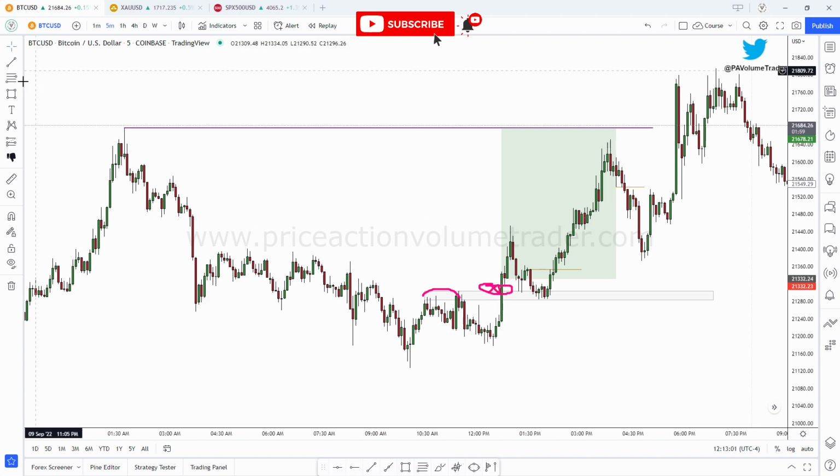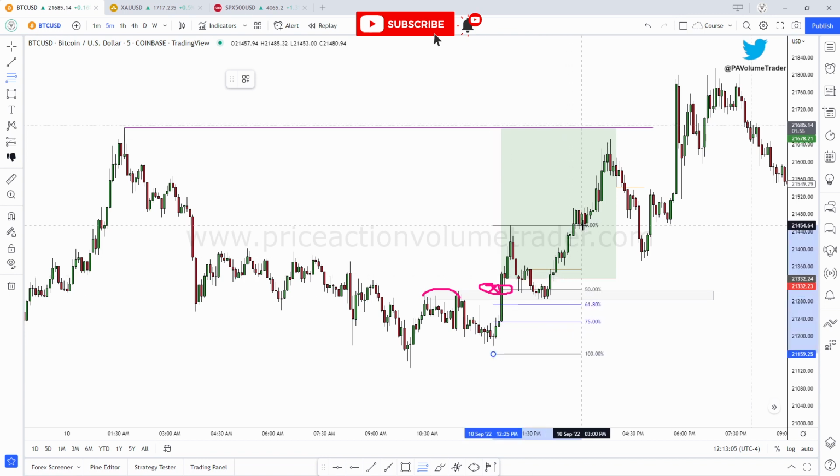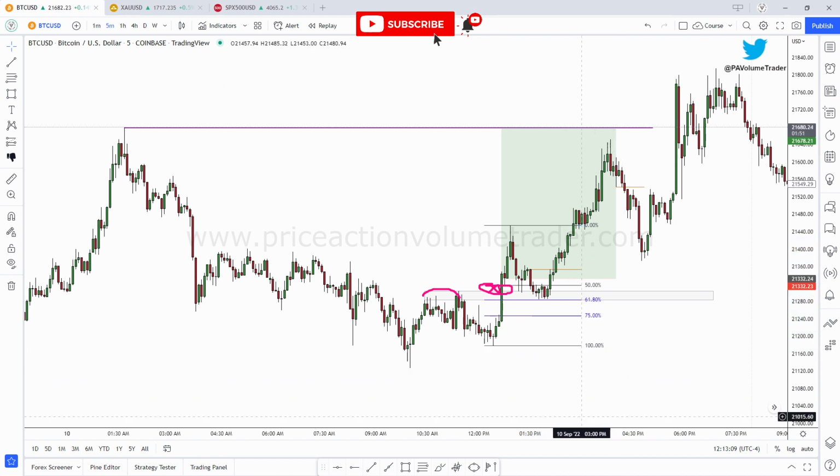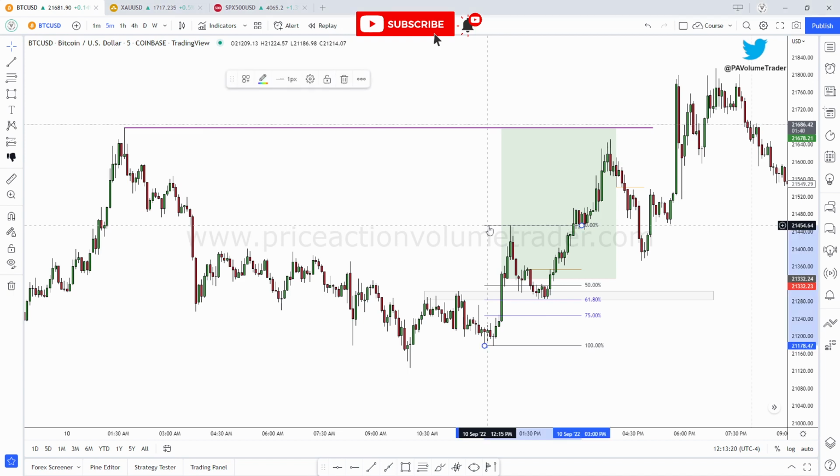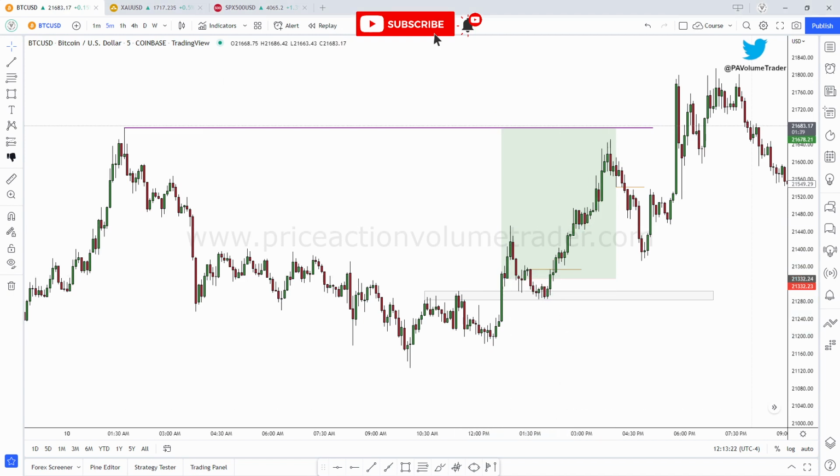And if we even bring, just to illustrate, a Fibonacci here, you can see we get a retracement right into the 61.80% and also right into the previous level of resistance, now support.